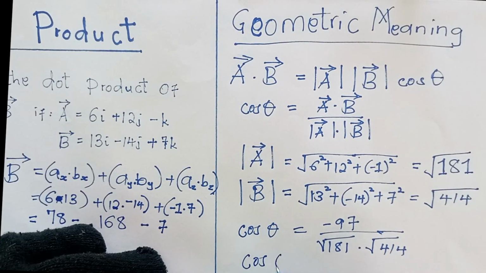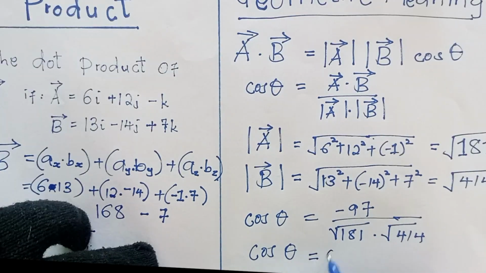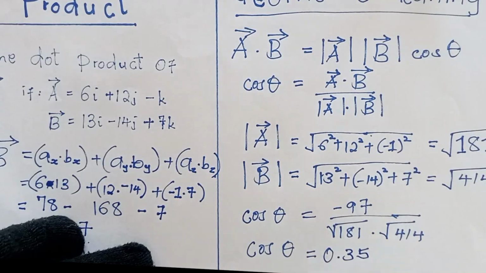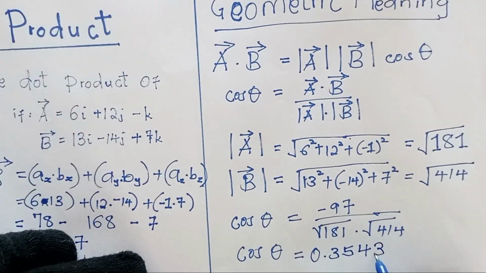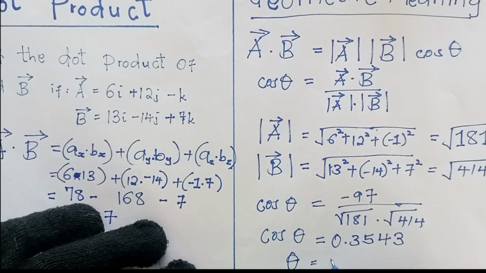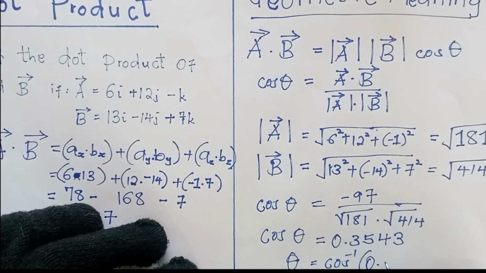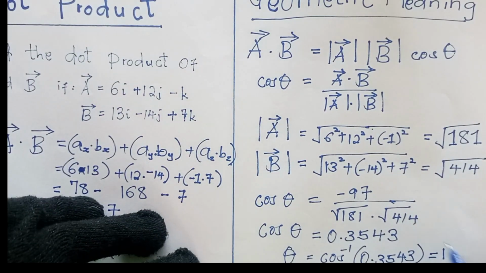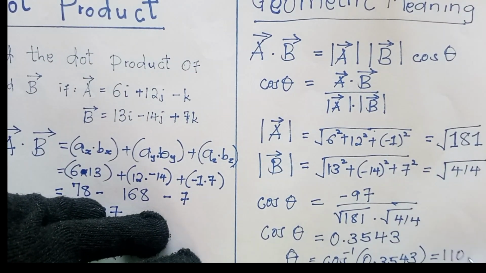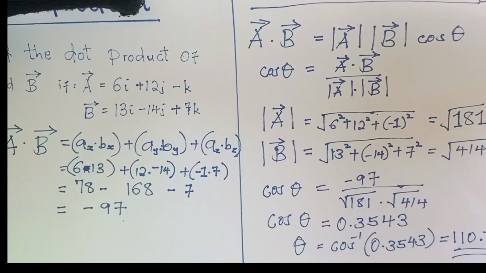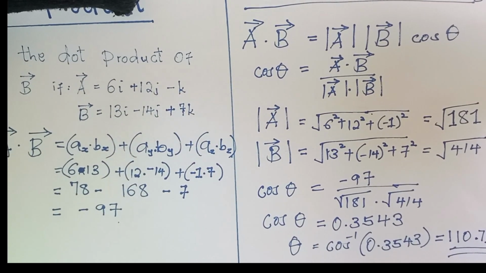So cos theta will be 0.3543, which means theta is the cos inverse of 0.3543, which is 110.75 degrees, and that is the answer.